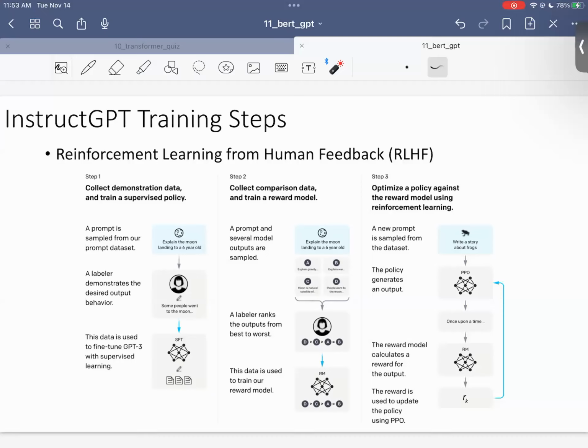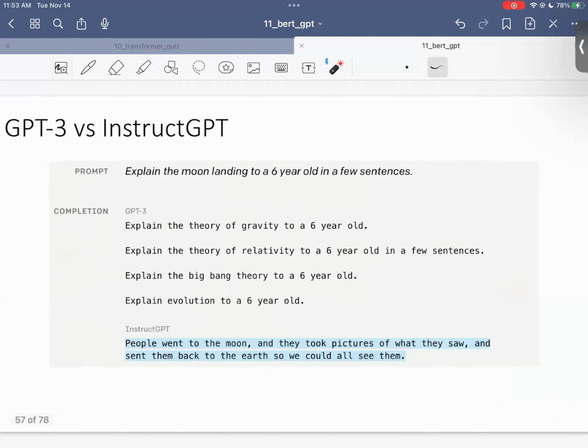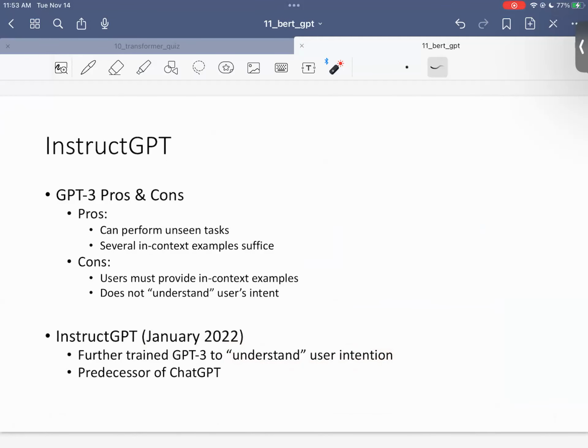They use something called RLHF, reinforcement learning from human feedback. The reason is that you want the model to understand user intention, but it's hard to write that into a loss function.